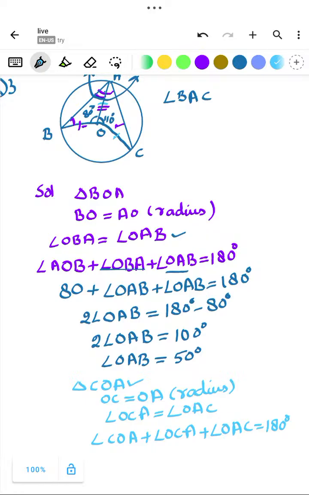Sum of all three angles will be equal to 180 degree, right?